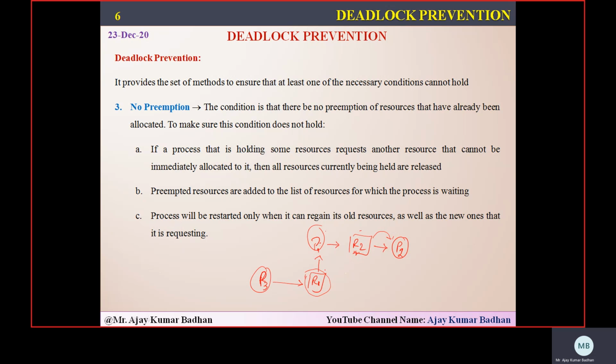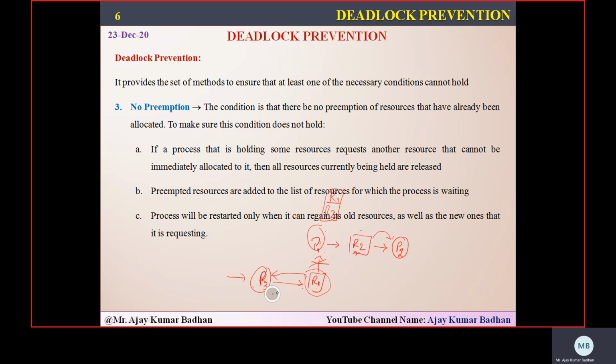But in the meantime, P1 is not utilizing R1. So the operating system observes that P3 is requesting R1. It will simply remove R1 from P1 and allocate it to P3, so P3 will perform the operation. In the meantime, P1 has a list of requested resources: it requested R2, and R1 will be added to it.